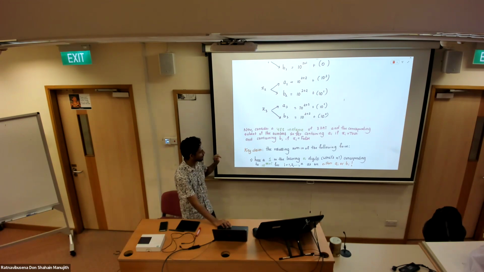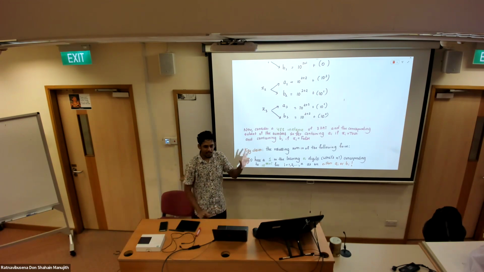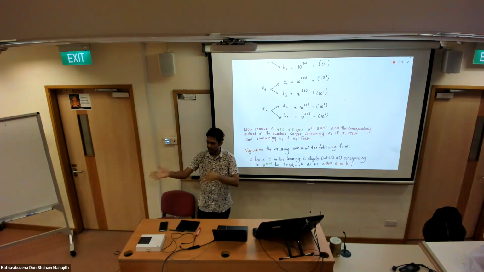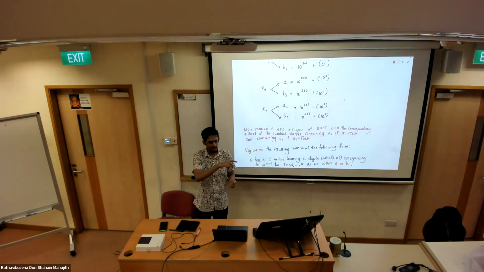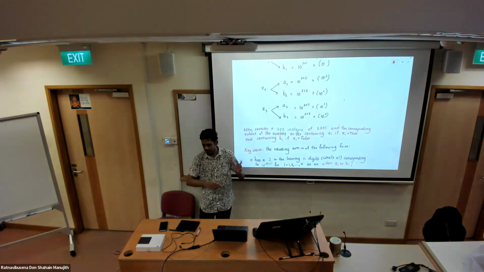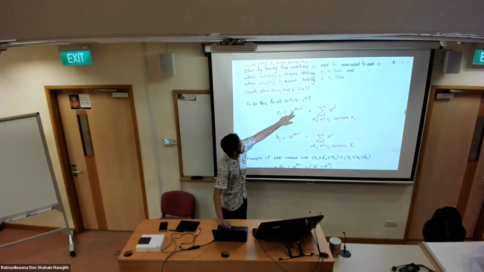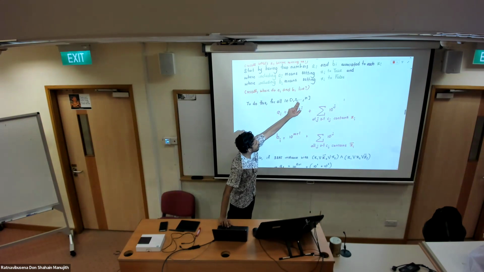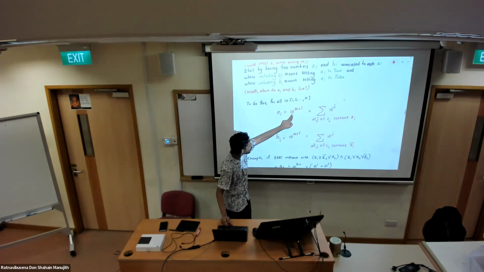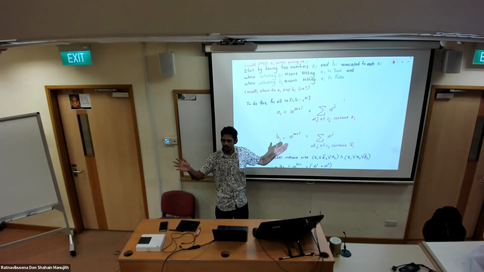Let's see why. For every single variable, if it's true, we include ai. If it's false, we include bi. So for every single variable, we include either ai or bi. By the definition of m plus i, when i runs from 1, 2, 3, 4 until n, that means we actually cover the first n digits.